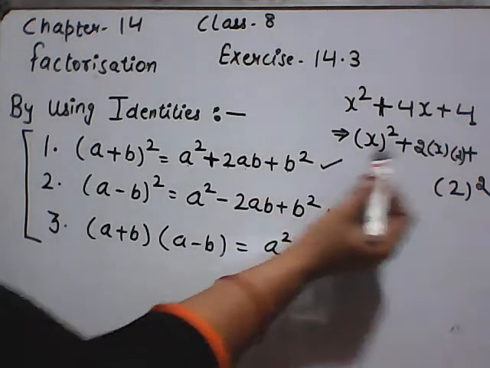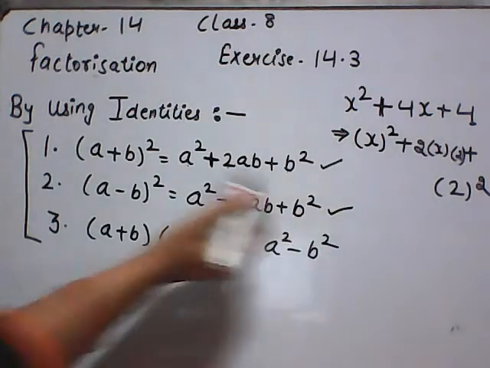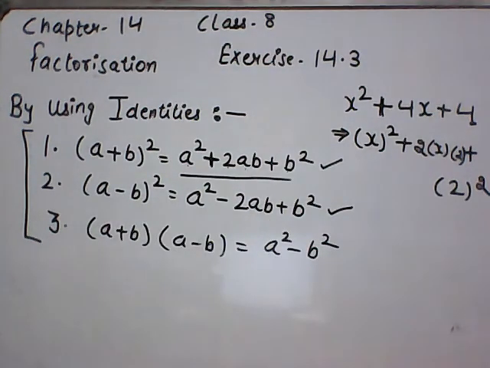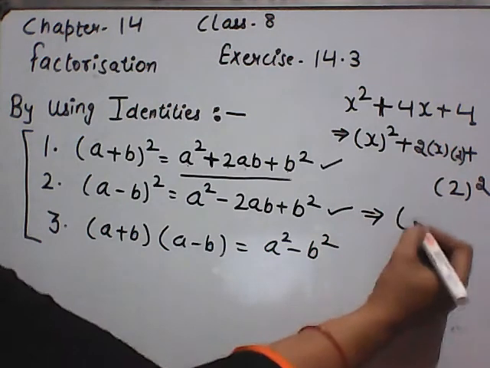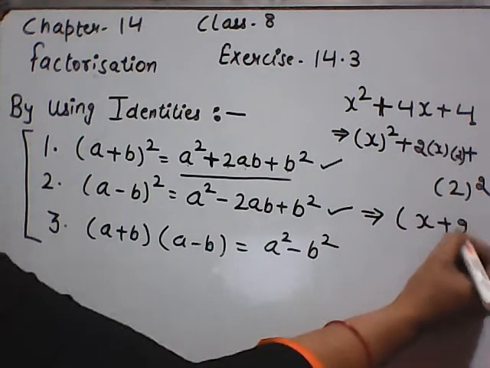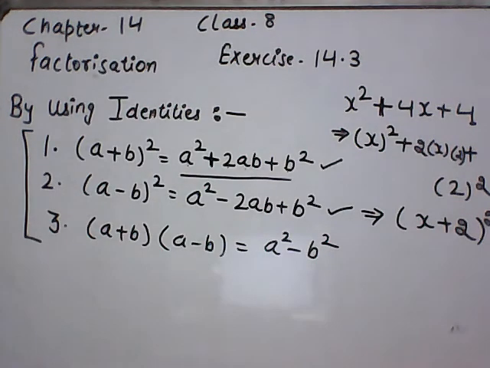So, x square plus 4x plus 4 is the right side of the first identity, a square plus 2ab plus b square. So, we can write it in this way: first term x plus second term 2, (x plus 2) whole square. Now, the right hand side can be written in the form of (a plus b) whole square. In this way, you can use these identities.